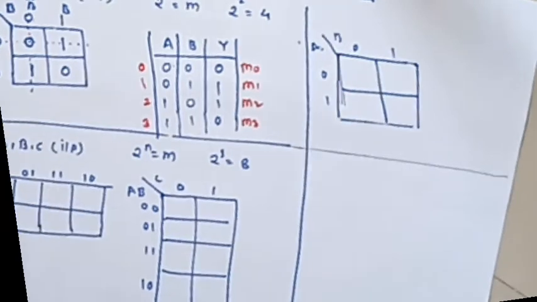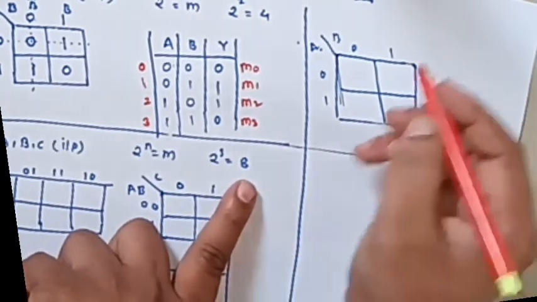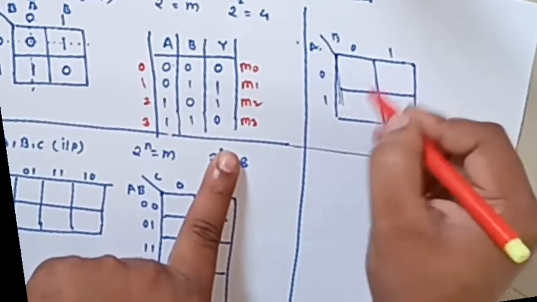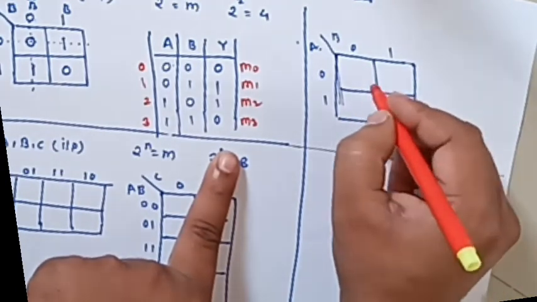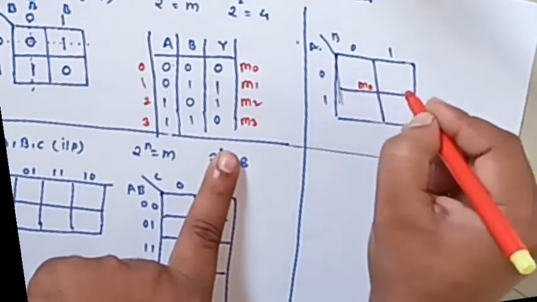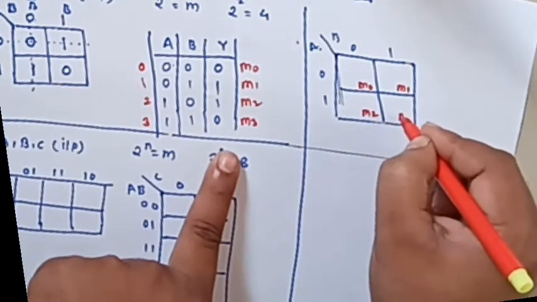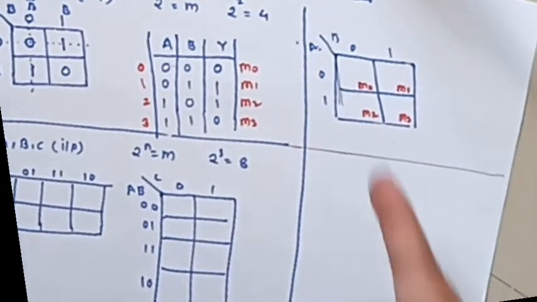These are the minterms. And in this table we can also write the K-map using minterm form. So here we take M0, M1, M2 and M3.